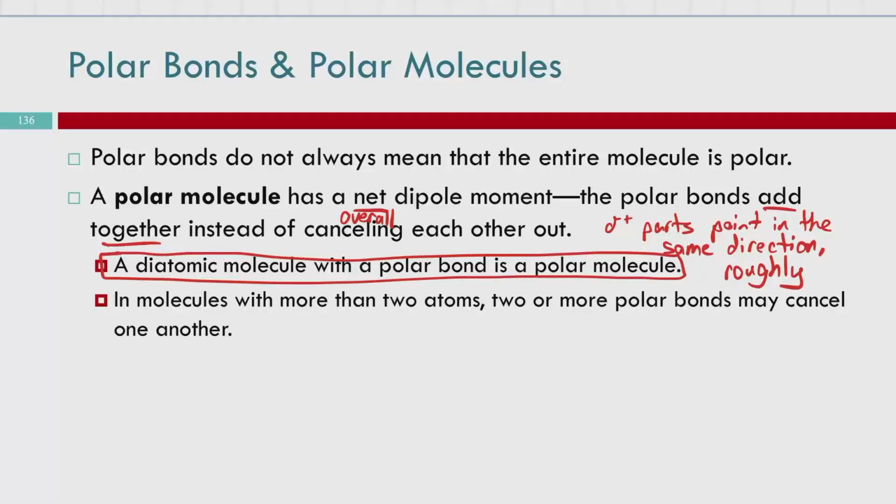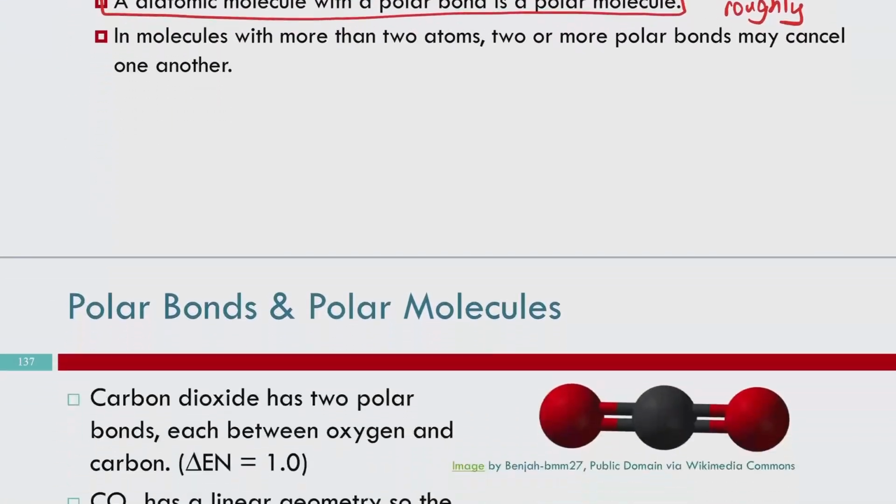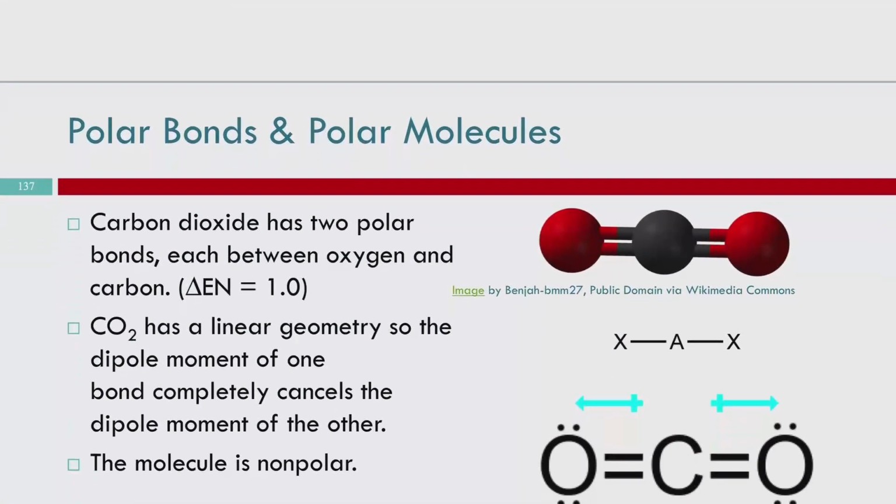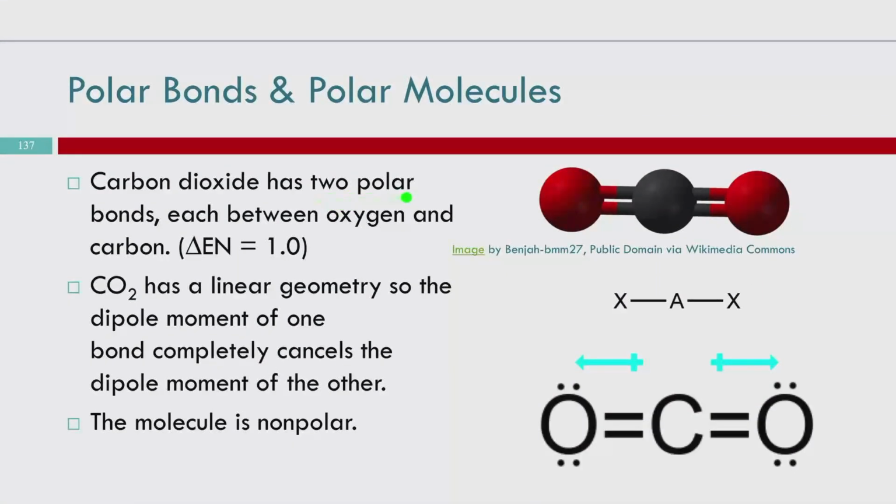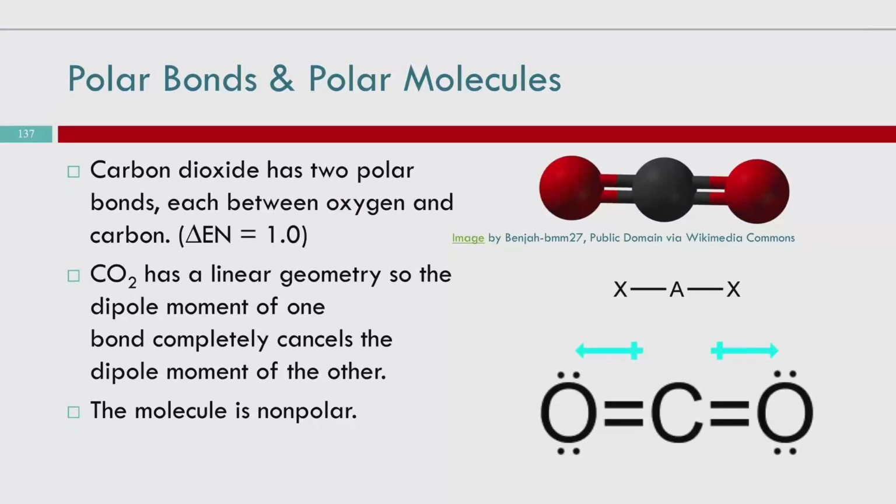So this is where knowing our shapes can come into play. For example, carbon dioxide has two polar bonds between each of the oxygens on the outside, represented in red, and our carbon in the middle.